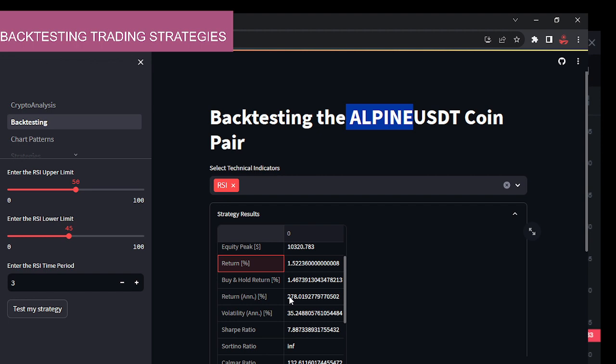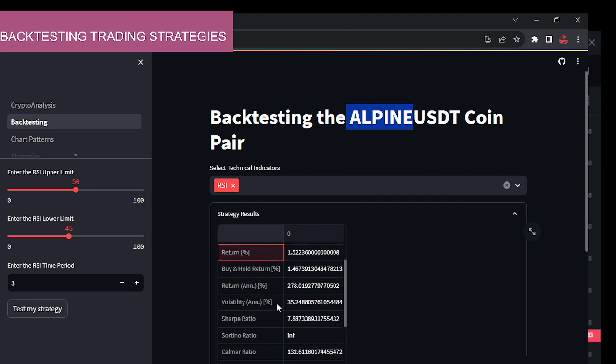So in this case it will actually double my coin pair by using this particular trading strategy. For an annualized return, it will be 278.01%. So depending on your trading strategy, that's what it will display.